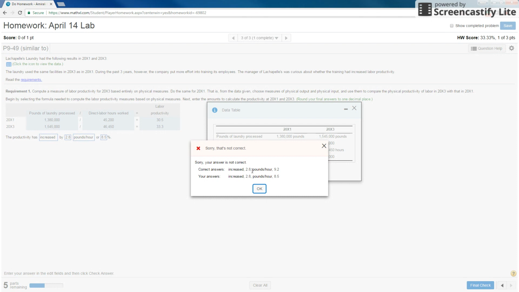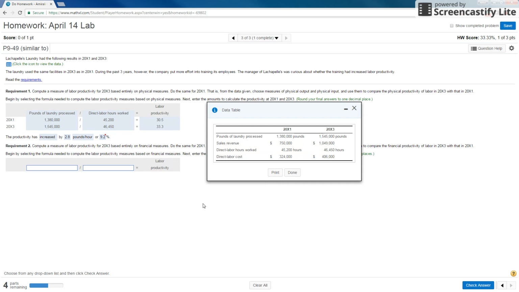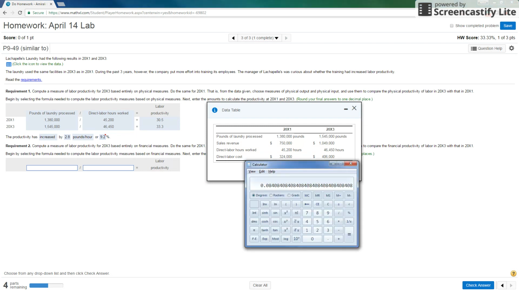So it says 9.2. We already did 9.1. Maybe I did it wrong. Oh, 2.8 divided by the smaller one. Oh, I forgot to round it up, so I put 9.1%. See, these mistakes happen.